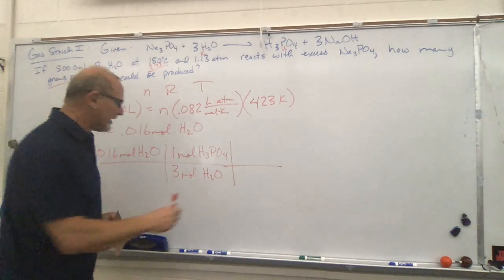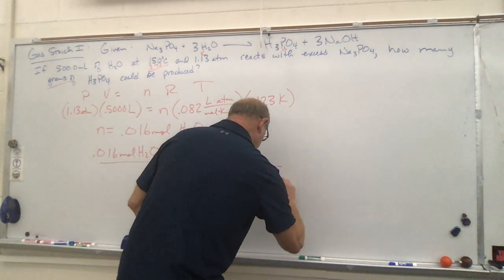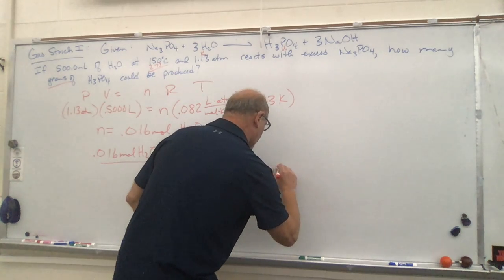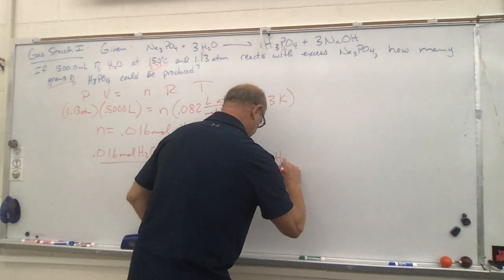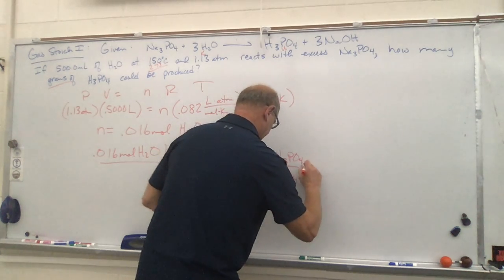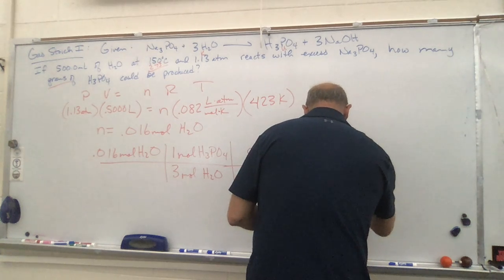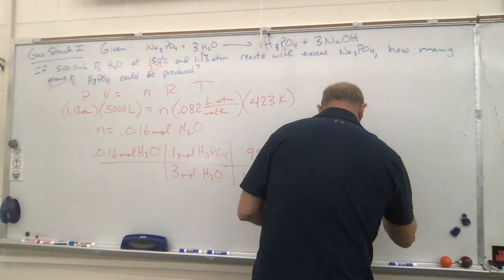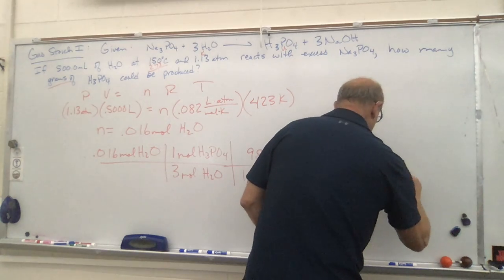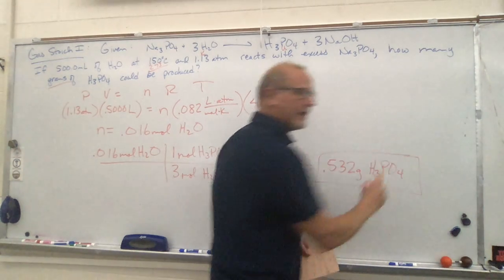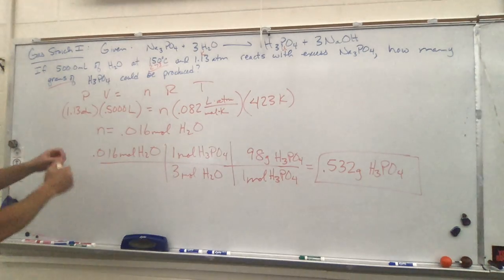That grams is going to come from the periodic table. 1 mole of H3PO4 is 98 grams. And if I calculated this correctly, we should have 0.532 grams of H3PO4. So simply a two-step problem.